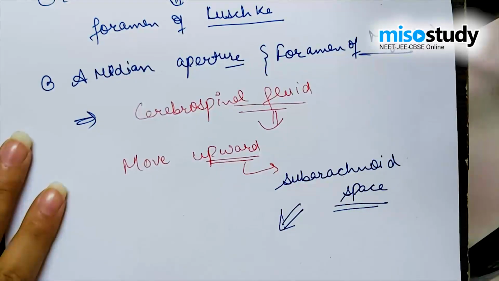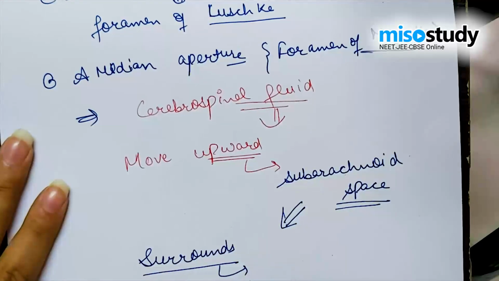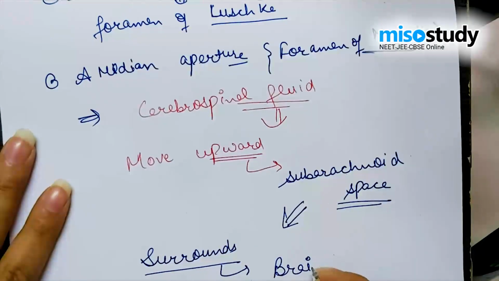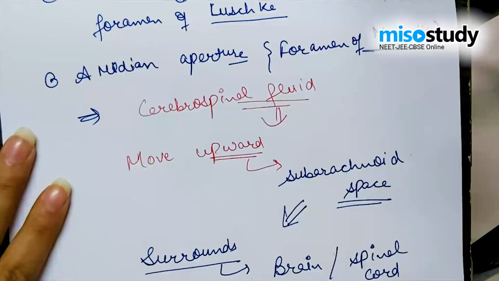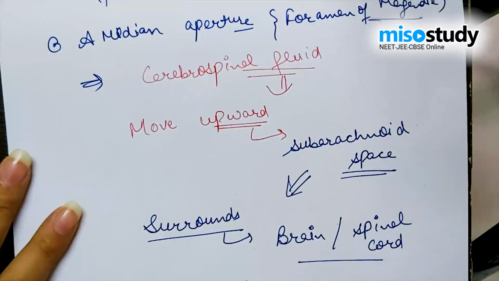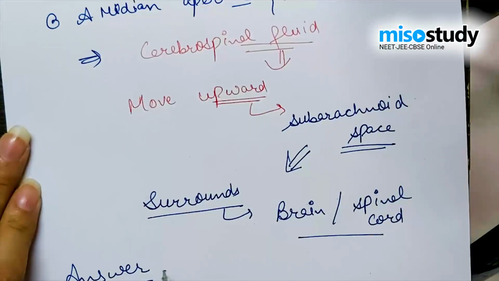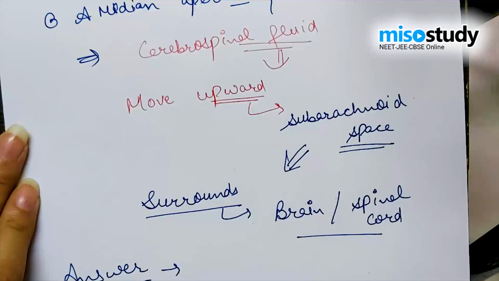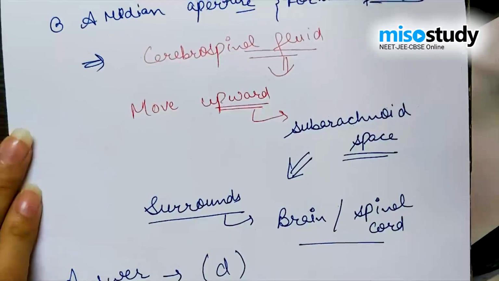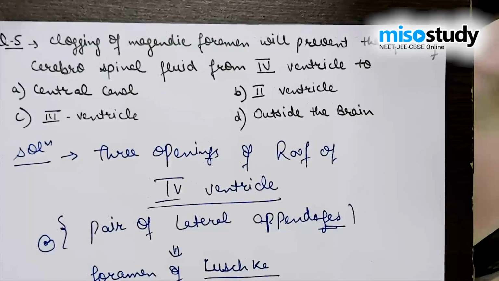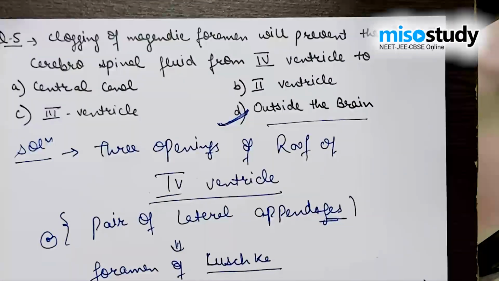That space surrounds the brain and spinal cord. So this is all about the given question, and after discussing the explanation, we got to know that the right answer is option D. Let's mark the right one, that is outside the brain.